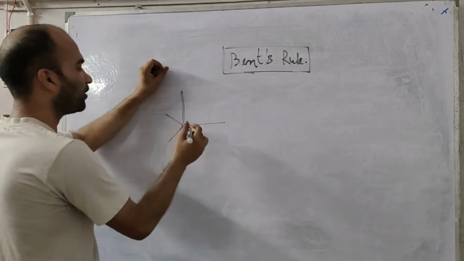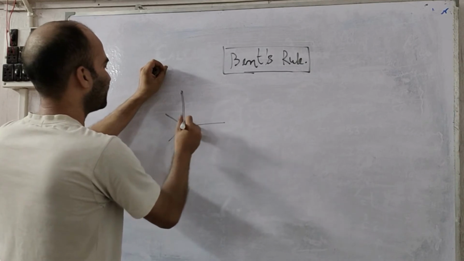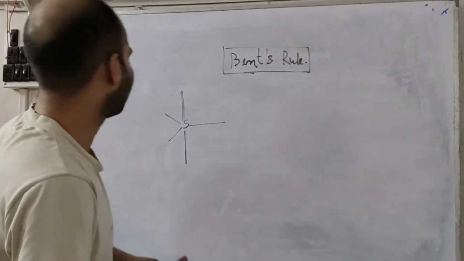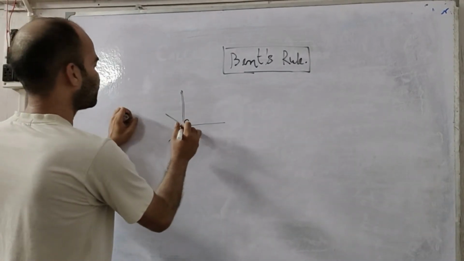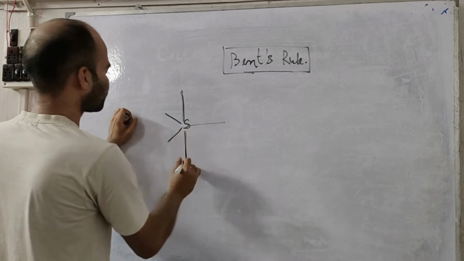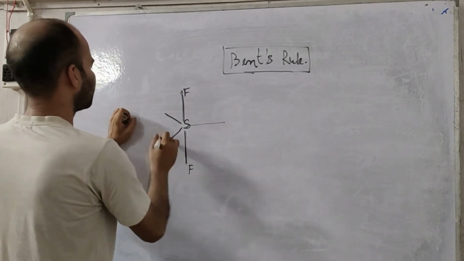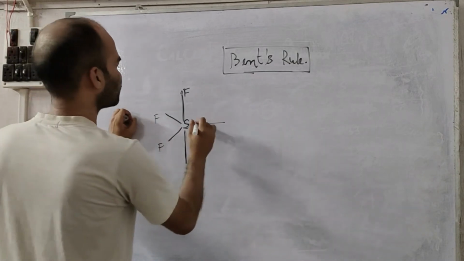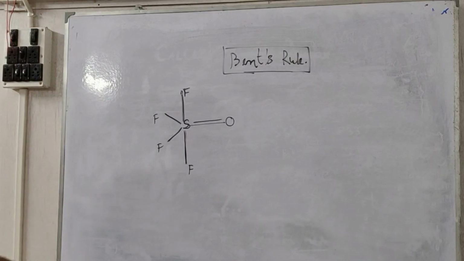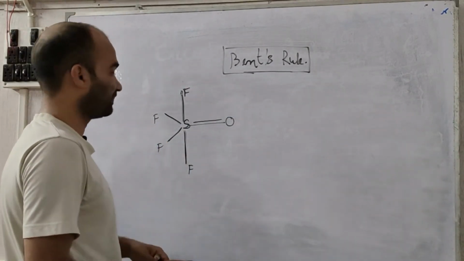We take the example of SOF4, to justify Bent's rule as well as the repulsion theory.